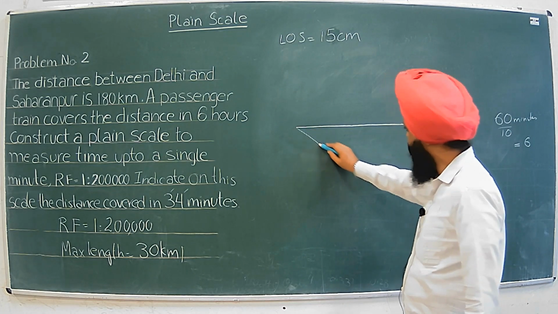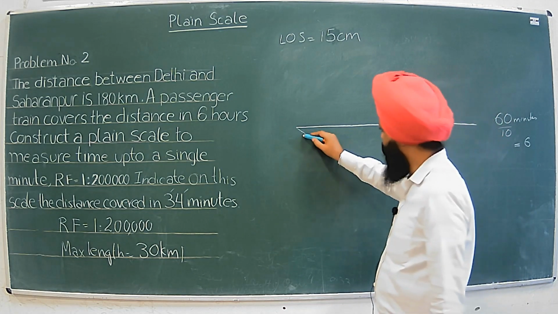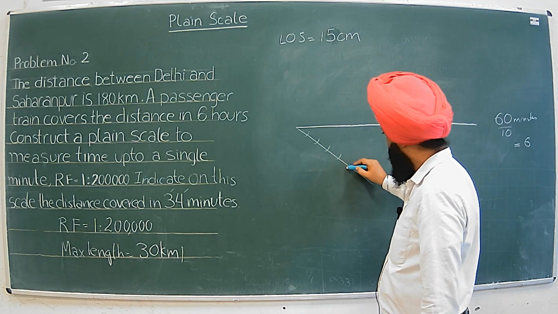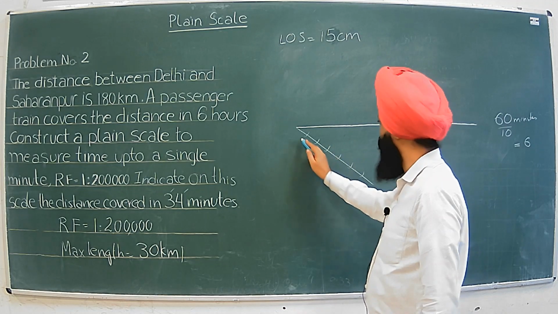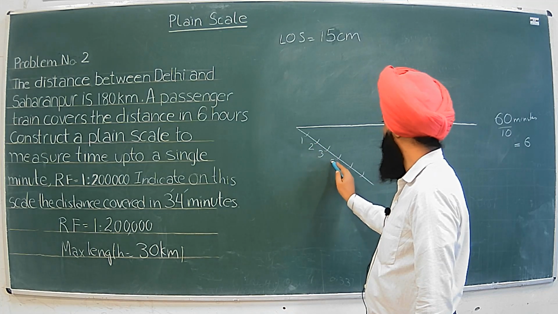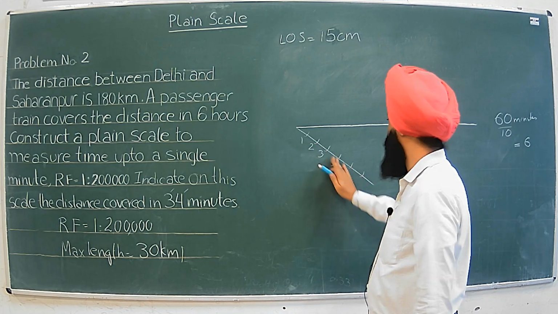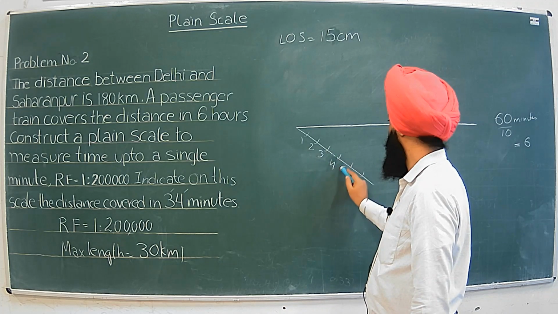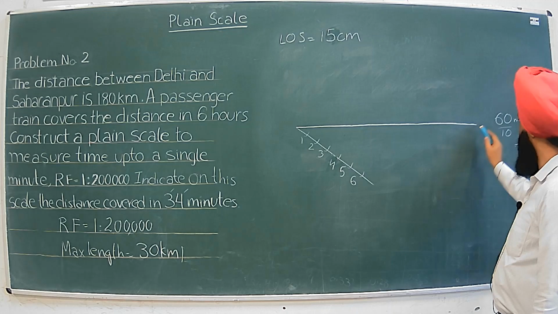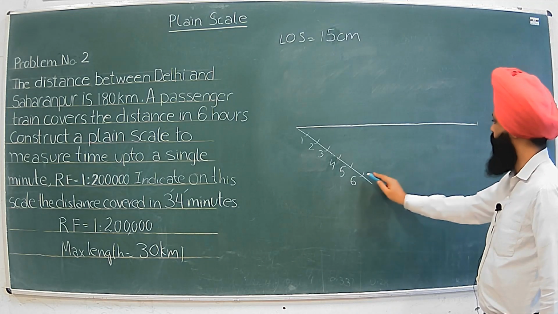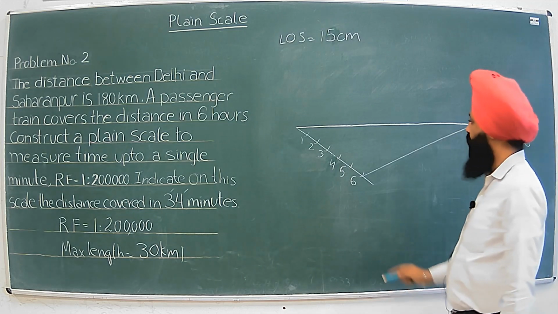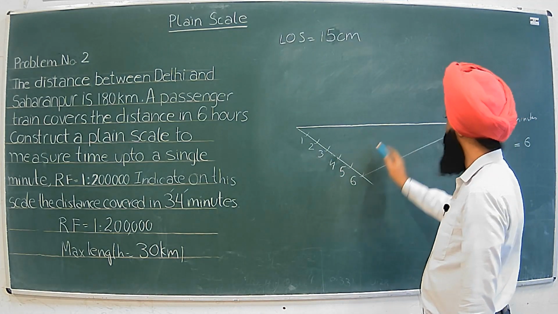Draw an acute angle to this line. Draw arcs of equal length dividing this line into 6 equal parts. Join the sixth part with the end point of the line. Draw lines parallel to this line.